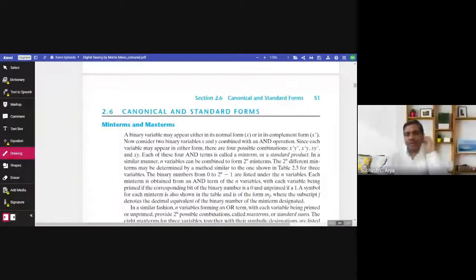In the previous few classes, we have been discussing the canonical and standard forms of representing Boolean expressions, more specifically min terms and max terms.